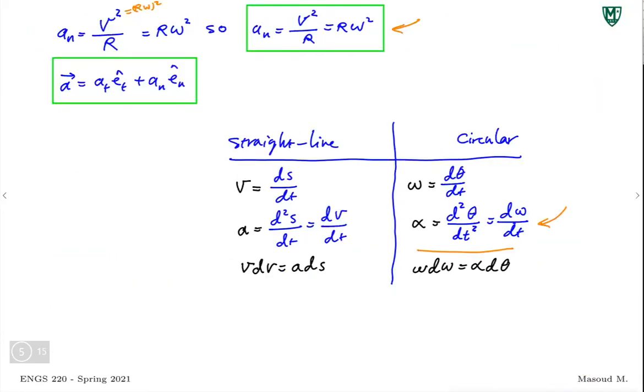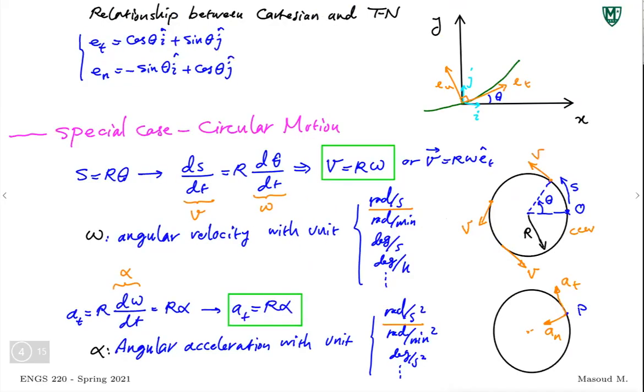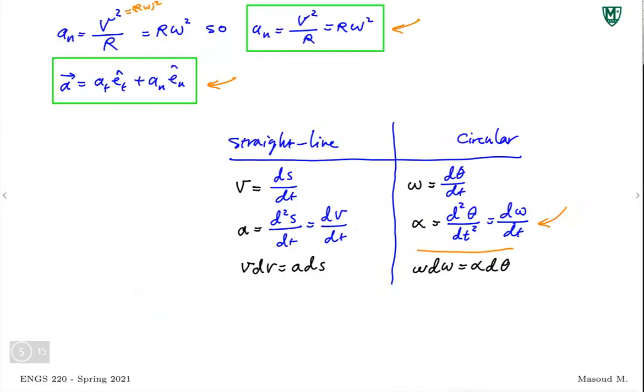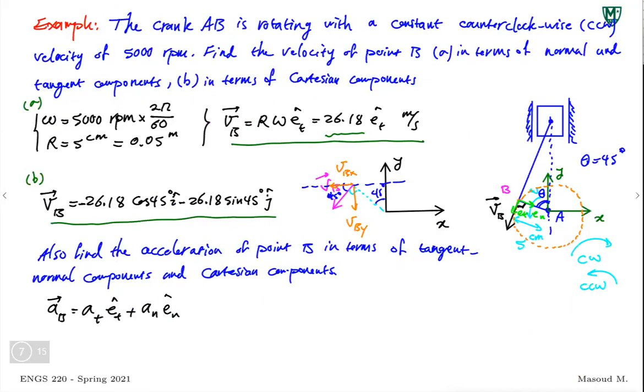We've talked about this. This is pretty much what we had here. We said AT eT, AN eN. AN would be R omega squared or V squared over R, depending on how you want to present that, and AT being R alpha. It's just a circular motion. I'm using what we learned before. So in this case, AT is R alpha.